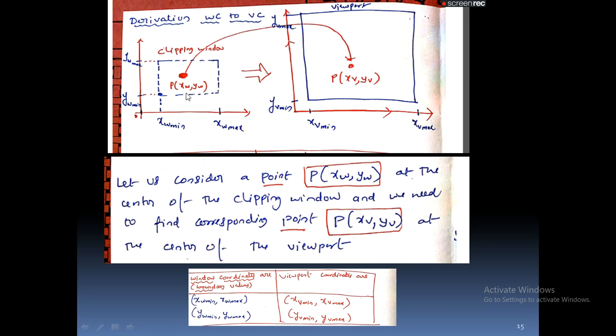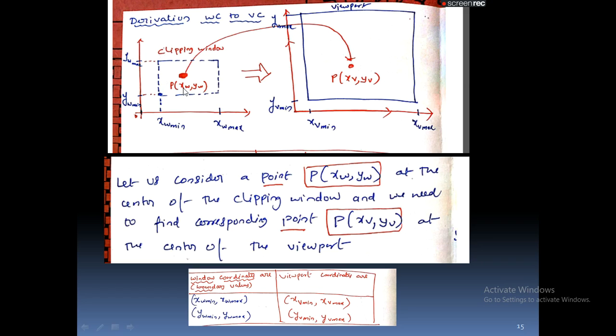As I said, this point P is present at the center of the clipping window. That same point has to be displayed in the viewport at the center only, but with respect to relative position, meaning from the origin of the viewport we need to display that point on the screen of the monitor. I will repeat once again.